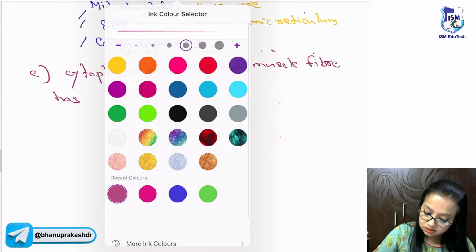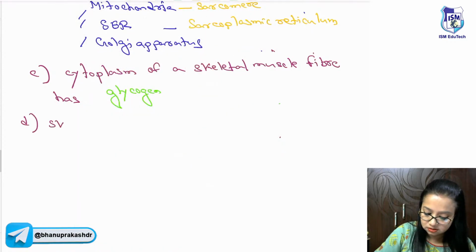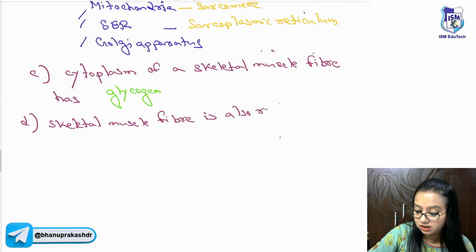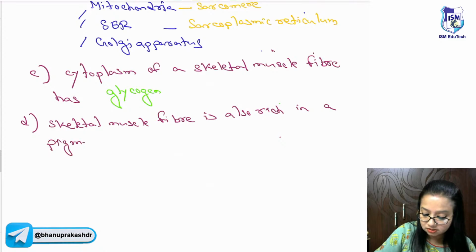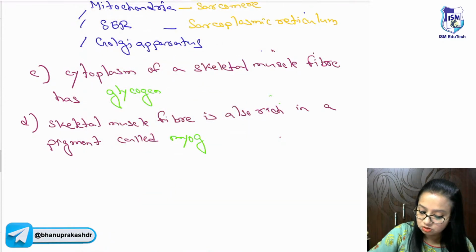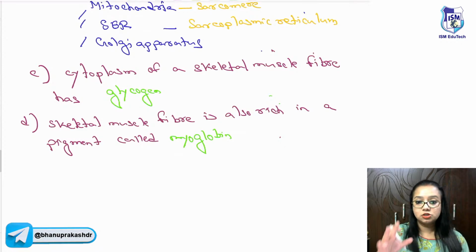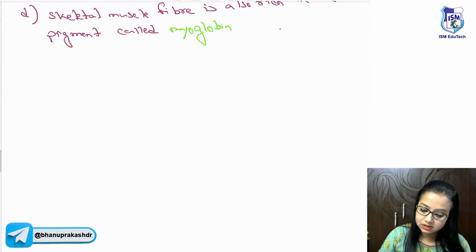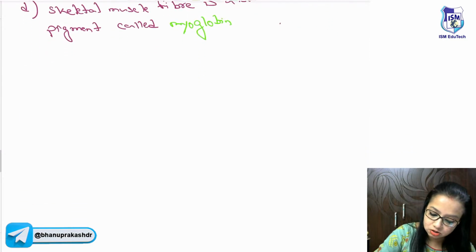Okay, the skeletal muscle fiber is also rich in a pigment called myoglobin. These are the general or salient or structural features of a skeletal muscle fiber, and they look striated.